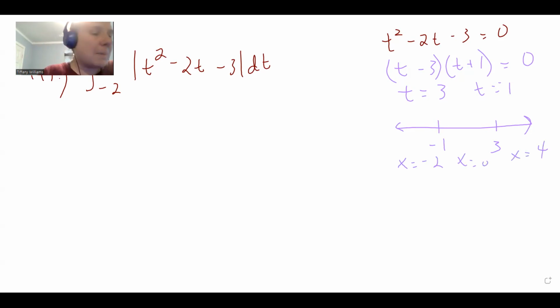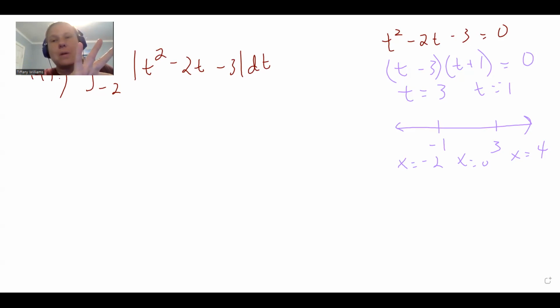And what I'm going to do is plug it in. Now notice I don't care about the absolute value. All I know is the absolute value gives me the V shape. I'm going to plug this into t squared minus 2t minus 3. I'm going to figure out, is it positive or negative? So if I plug -2 in, -2 squared is 4. -2 times -2 is 4.